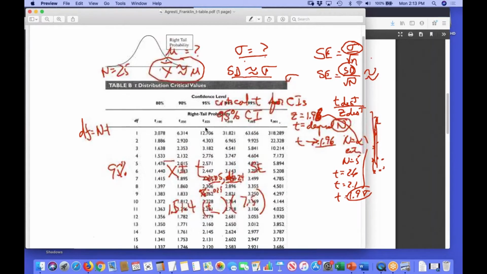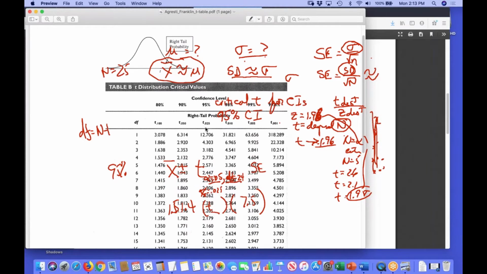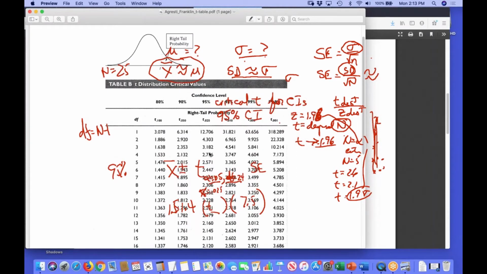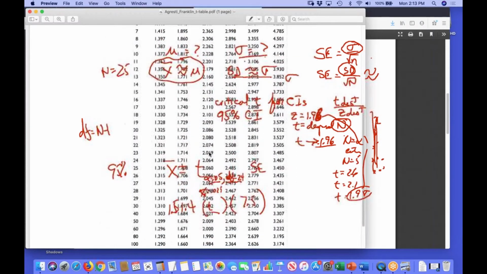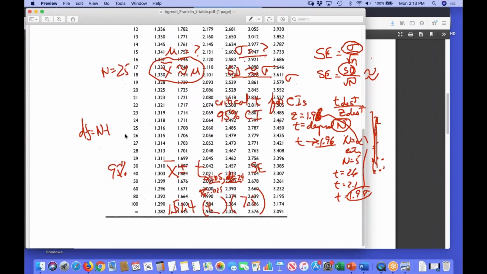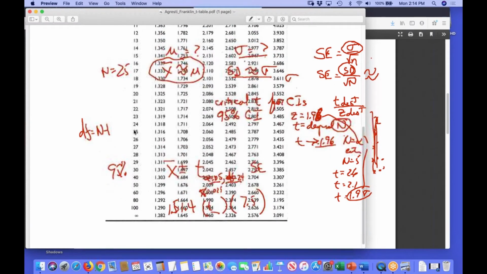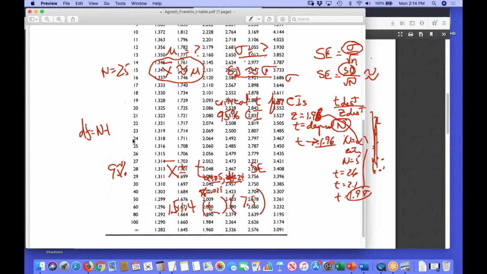And what is the number that I need to use for t, our critical value of t? I'm going to scroll down to degrees of freedom equal to 24, sample size minus 1. I'm going to move over to that row, and here is that row, and it's 2.064.